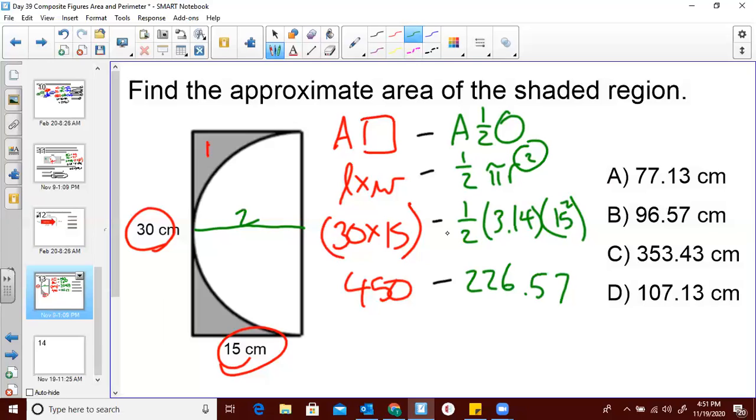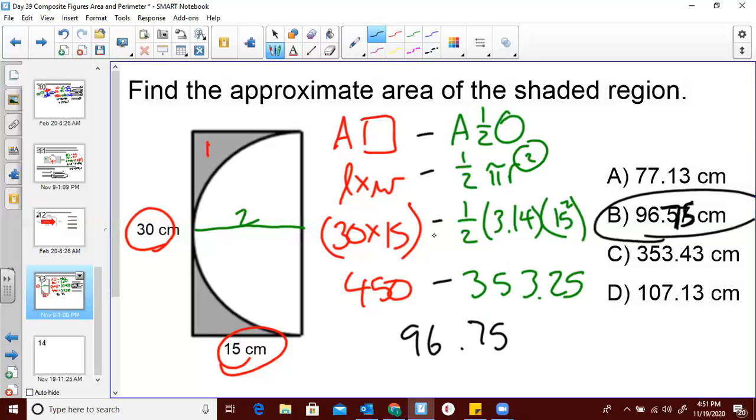No, that's not right. It's going to be 353.25. And when you solve for this, you end up with 96.75. And I apologize again, this should be 9.75. So our answer should be B.